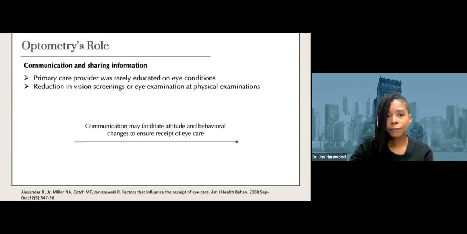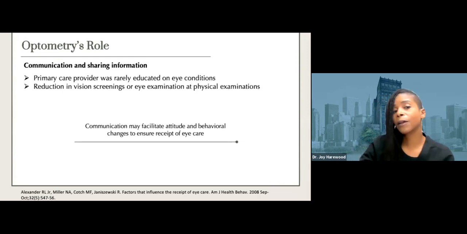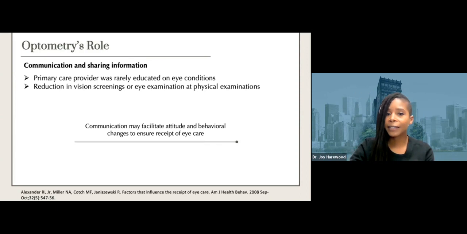In terms of communicating and sharing information, moving forward from that, primary eye care providers were often not as well educated regarding eye conditions. And as I said before, there's reduction in vision screenings or eye examinations at their PCP. So what this is basically showing is that there's a need for greater health literacy.